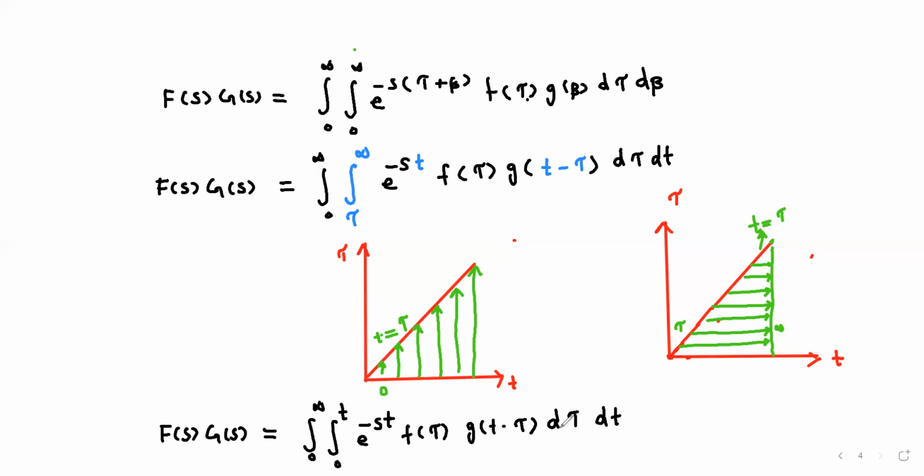Now here we are integrating with respect to tau, so e raised to power minus s of t is a constant.